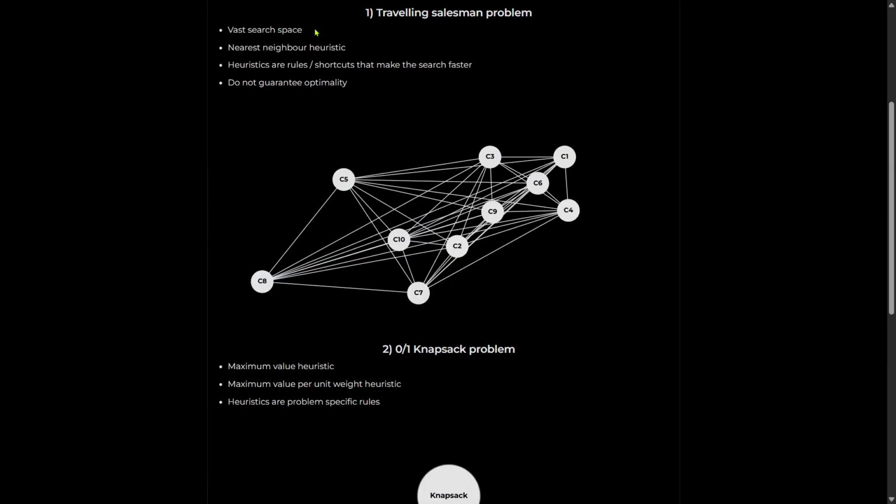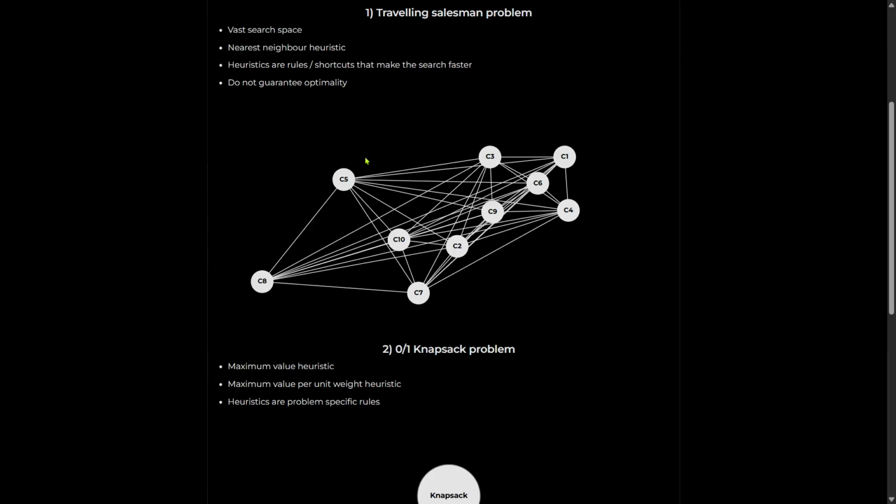Let's look at a classic optimization problem, the traveling salesman problem, wherein we are provided a list of cities and the distances between each pair of cities. The goal here is to find the shortest possible route for a salesman to visit each city exactly once and then return to the starting city.